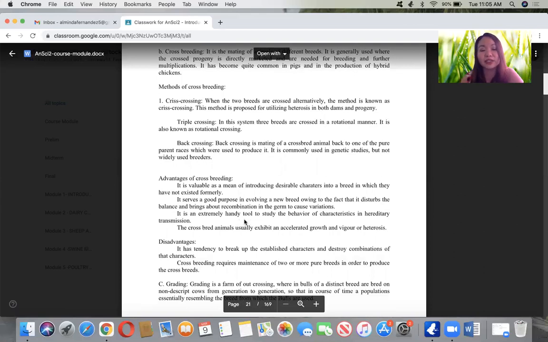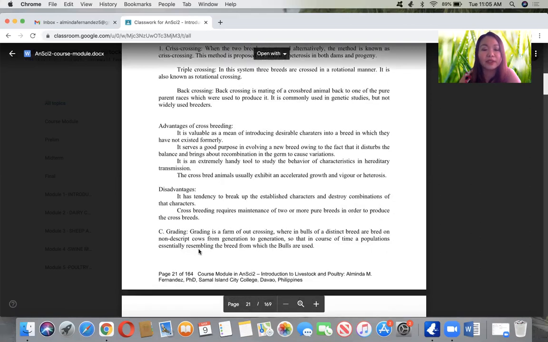It's an extremely handy tool to study the behavior and characteristics of hereditary transmission, which characters are recessive and which are dominant. Crossbred animals usually exhibit accelerated growth and hybrid vigor, or heterosis. The disadvantages are that it breaks up the established characters and destroys combinations of characters. Crossbreeding also requires maintenance of two or more pure breeds in order to produce the crossbreeds.